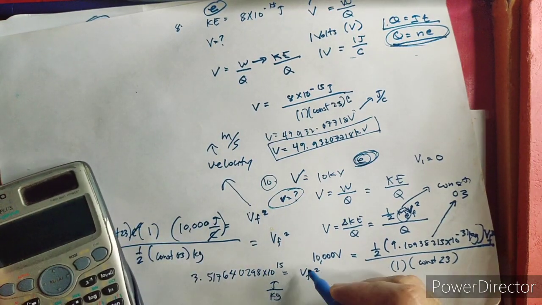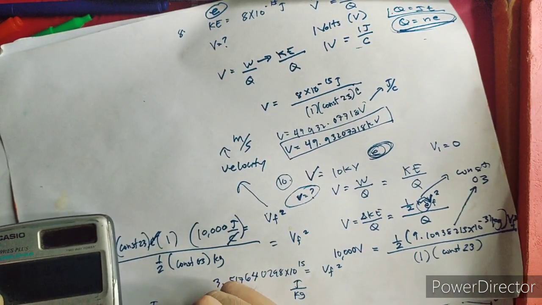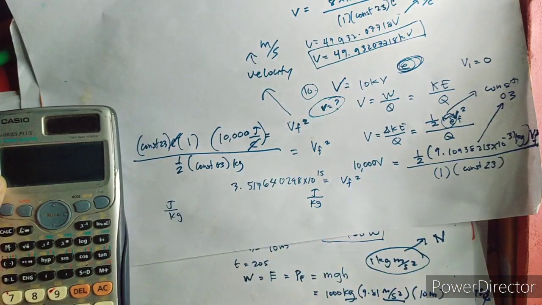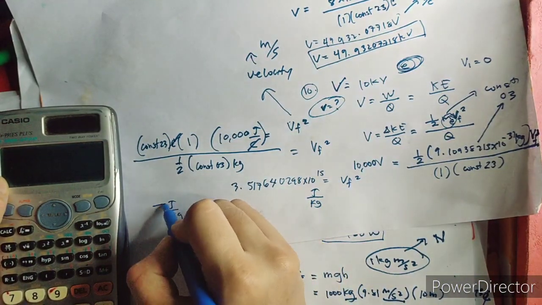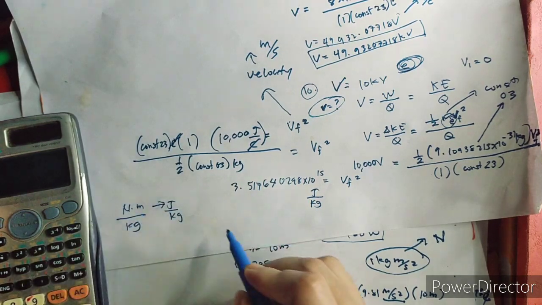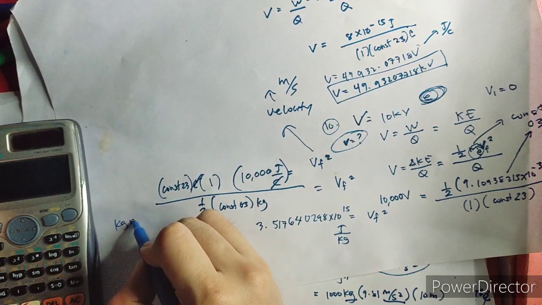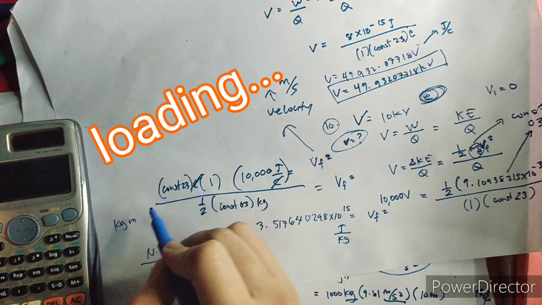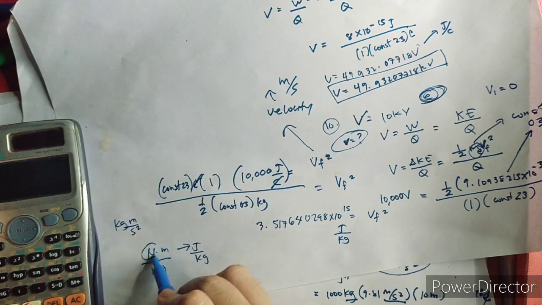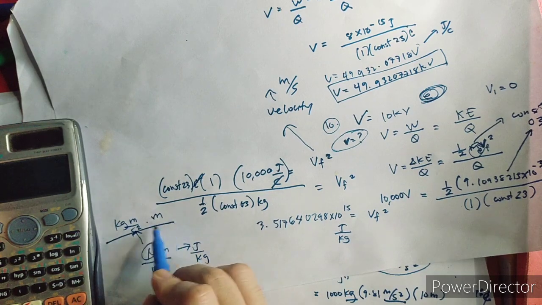Ano ba yung joule? Ang joule ay Newton meter, so joule per kilogram ay Newton meter per kilogram. Ano ba ang Newton? Ang Newton ay kilogram meter per second squared, tapos may meter pa sa taas, all over kilogram.